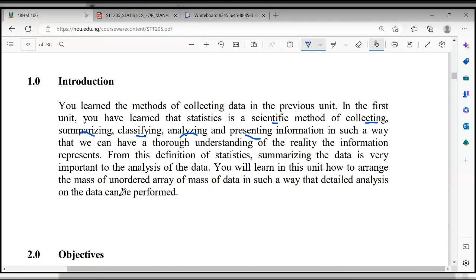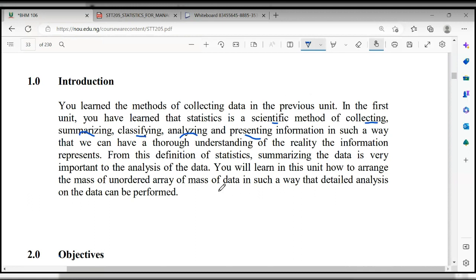So before you can work on any information and present it well, there's a need for you to sort data. They say that from this definition, summarizing the data is very important to the analysis of the data. So you need to summarize and analyze data to get the information you are going to apply all these things to.